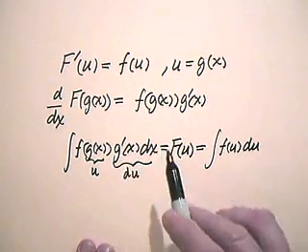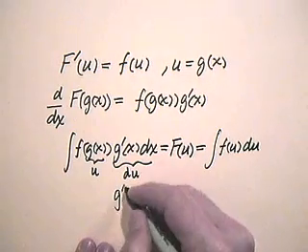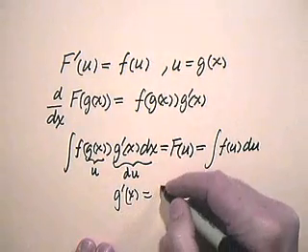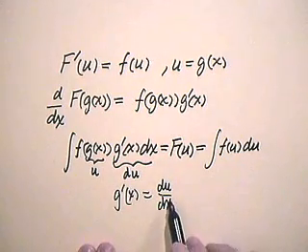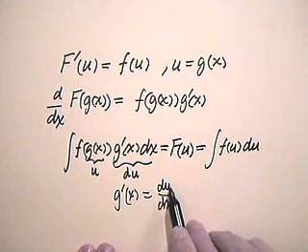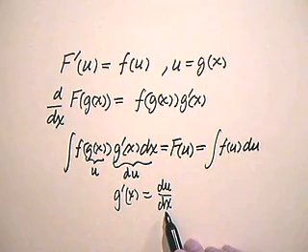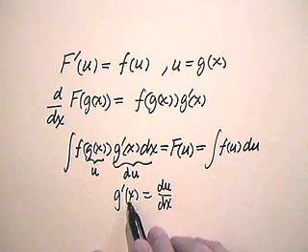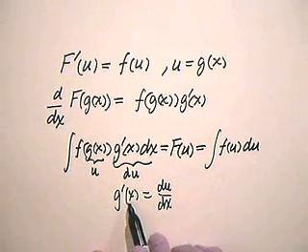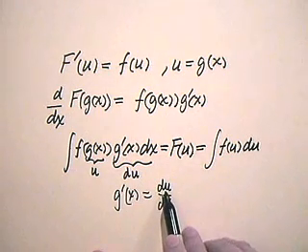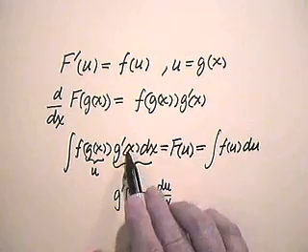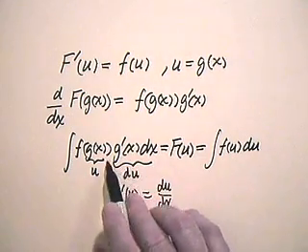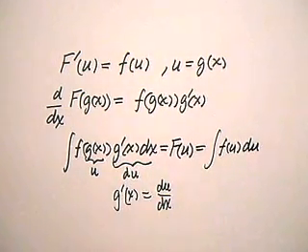Now notice that g prime of x is du dx. And so consequently, if in this equation I treat the du dx as if it were a fraction and can multiply out the dx, then when I do that, I get the equation du equals g prime of x dx. And so we think of this process as a type of substitution.